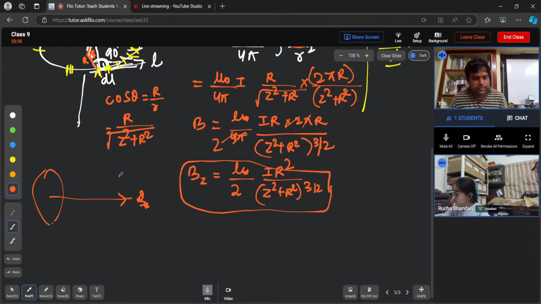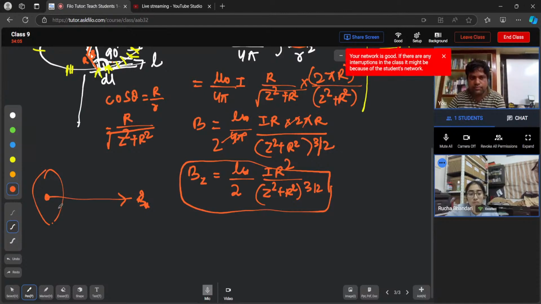Now the question sometimes comes: what will be the magnetic field at the center of the loop? Here it is on the axis, some point P we are finding out. At the center, what will happen? This z value will become 0 because this distance is z.